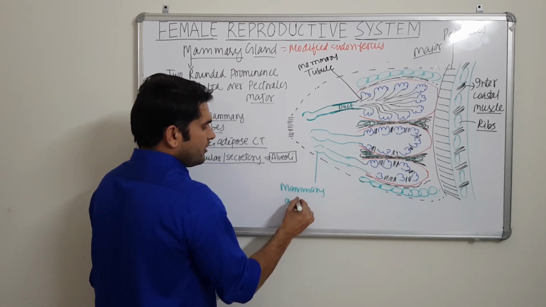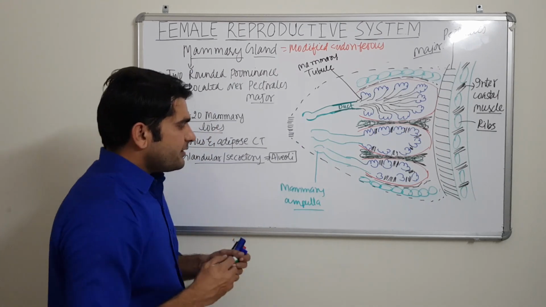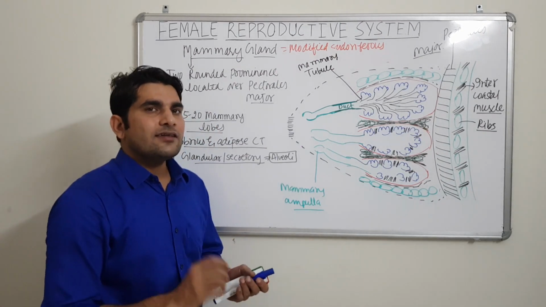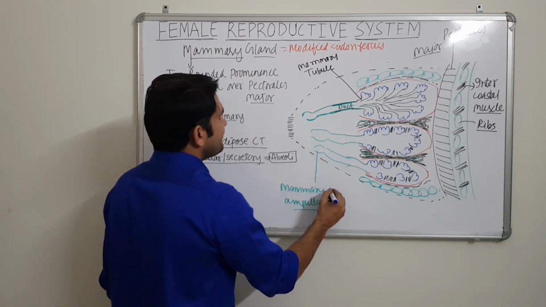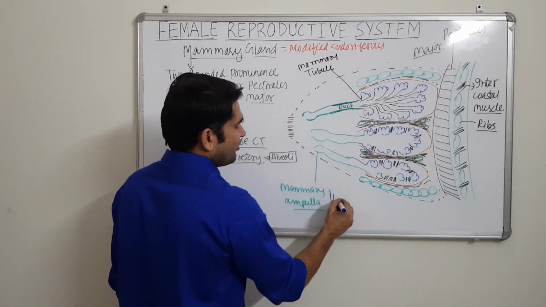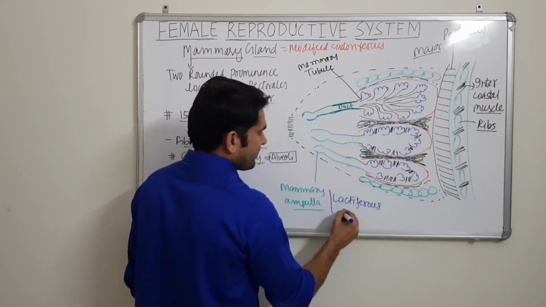A fluid-filled open space we call a sinus, and since this space is filled by milk, we call it the lactiferous sinus.